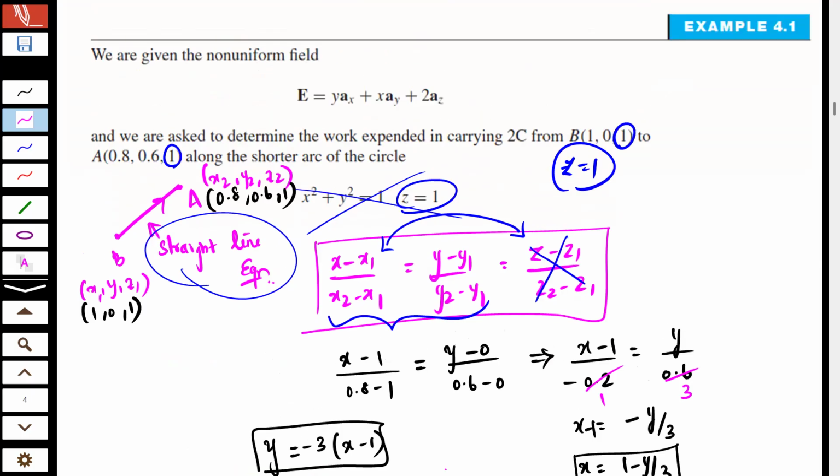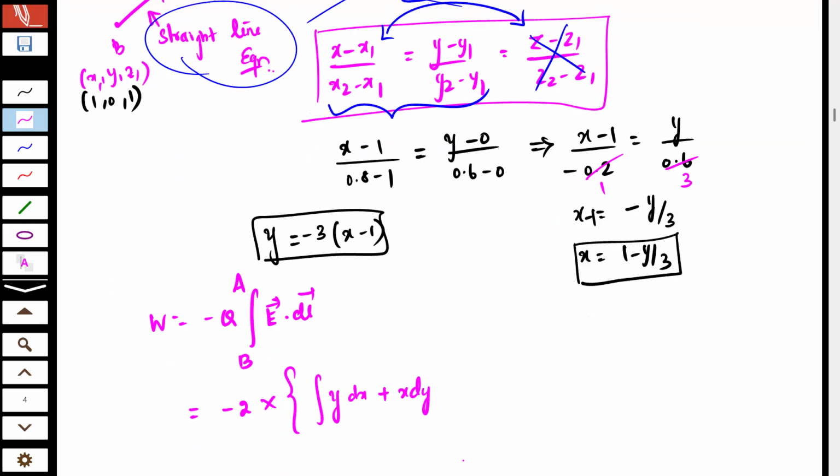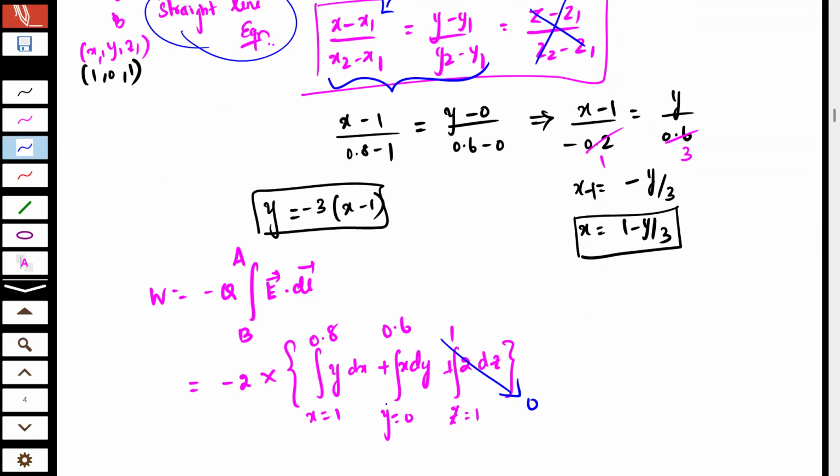Let me confirm it. So the integrations should be done for x, y, and z. X limit is 1 to 0.8. Y limit is 0 to 0.6. And here z limit is 1 to 1. Since the z limit is the same for upper and lower cases, this will be 0.